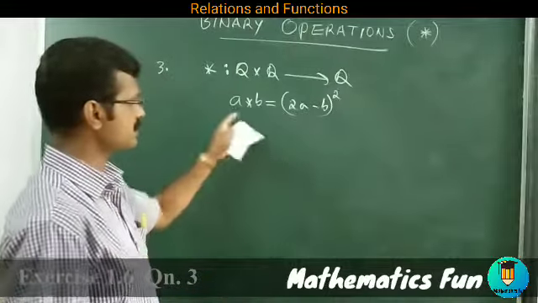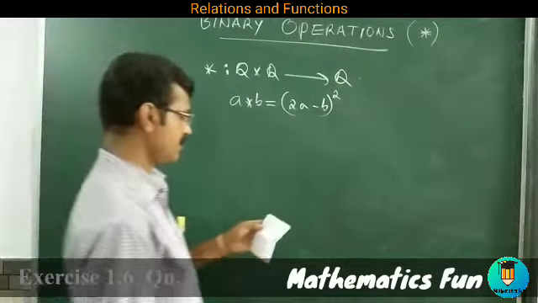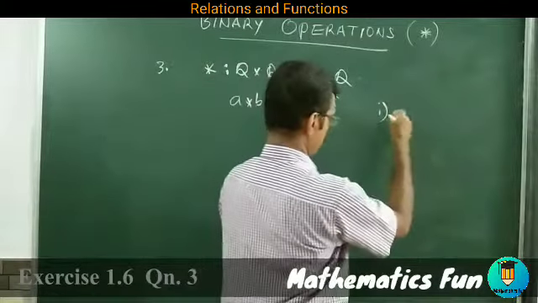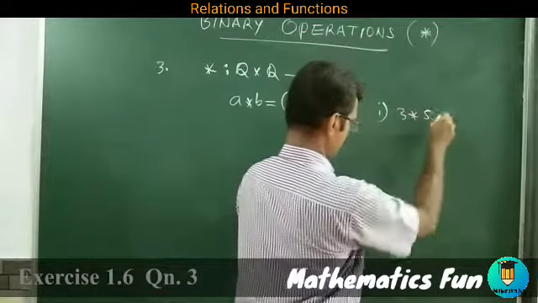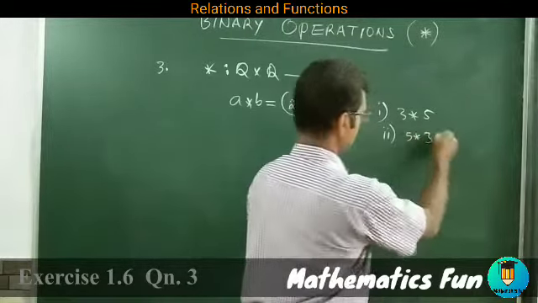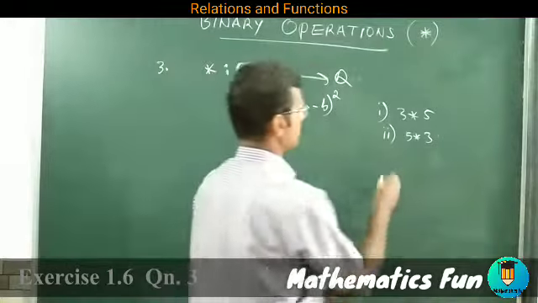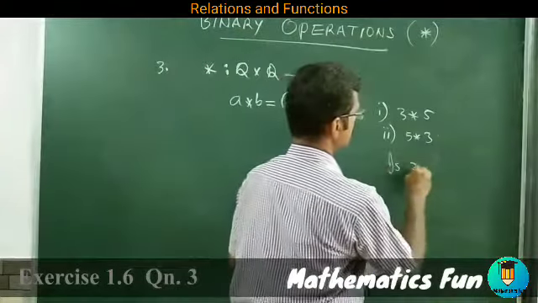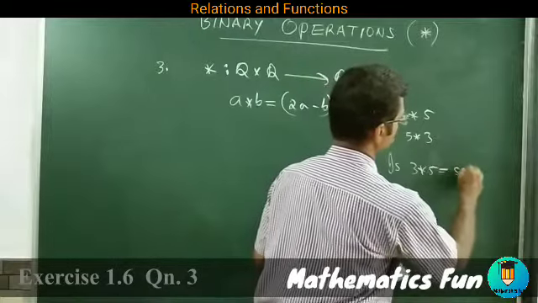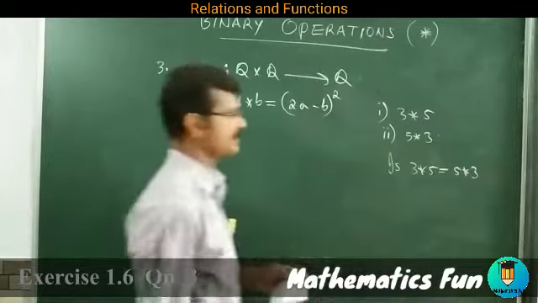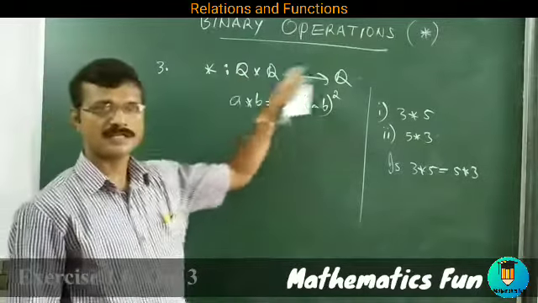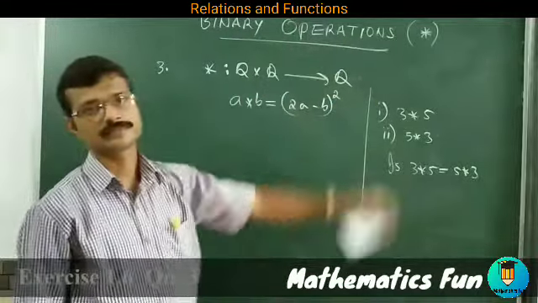From this we have to find, in the first part, 3 star 5, and in the second part 5 star 3, and then they are asking once again, is 3 star 5 equal to 5 star 3? This is the question.